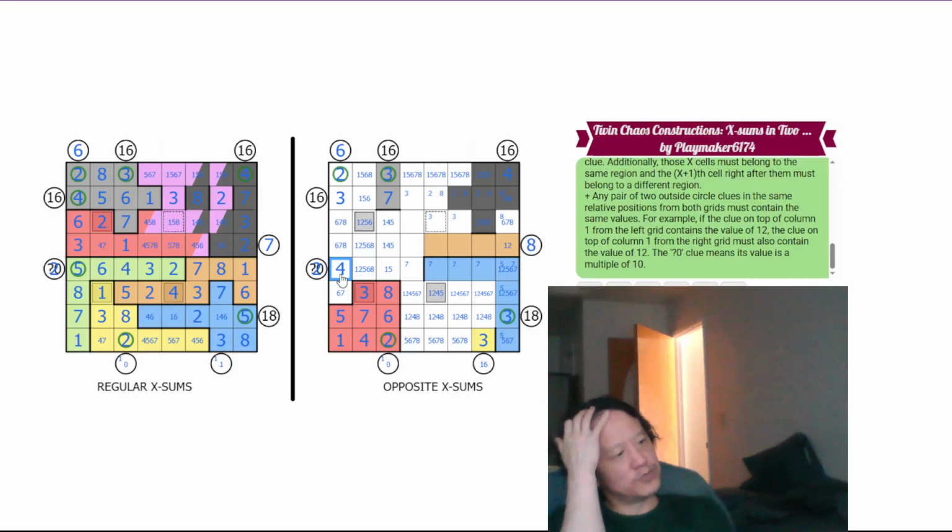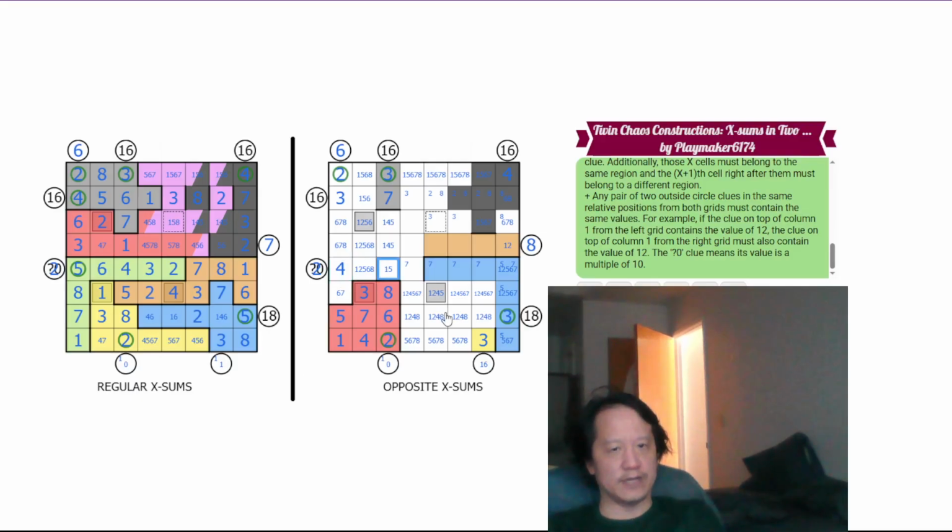So the possibilities would be 138, which we can't use, 147, which we can't use because of the 4, 156, which doesn't work because this is a 1-5 as a pair. So the 156 would eliminate all possibilities for this cell. So that's all 1. 237 requires a 3, 246 requires a 4, and that's it.